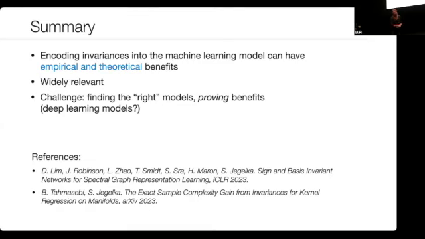Or you say I'm adding more information to the nodes to make them more identifiable. What you can show is that if all the nodes are identifiable, with some unique ID, you can compute anything on the graph. That's the most powerful thing, even with message passing. The problem is to get this in a way that is permutation invariant.